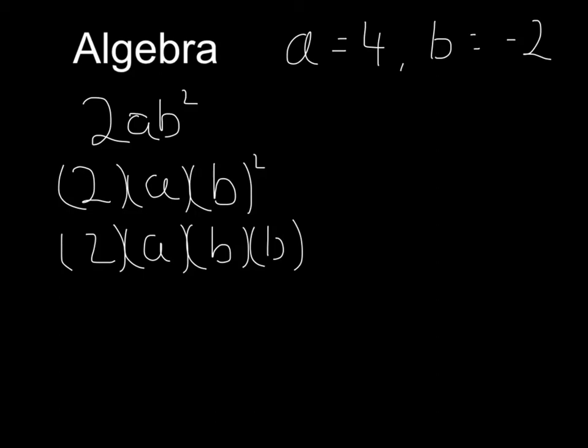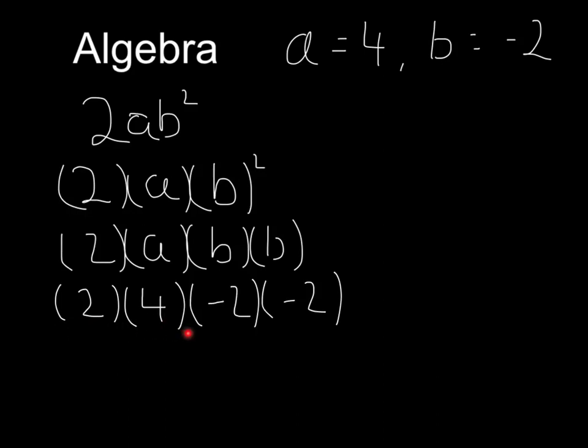So we have our 2 by a is 4, okay. Our b is minus 2 and the next one is minus 2 as well. So I like to break it down into smaller parts, so let's just say 2 by 4.